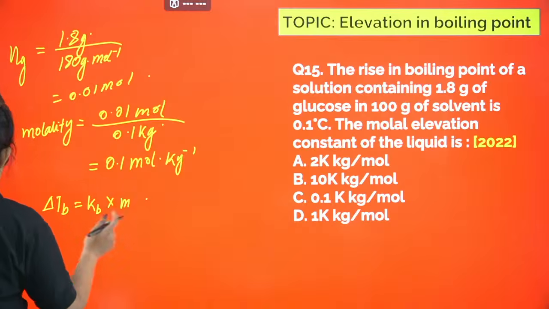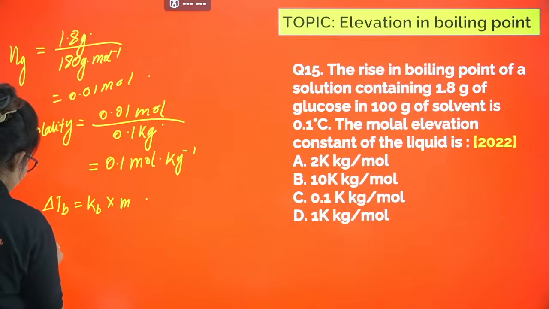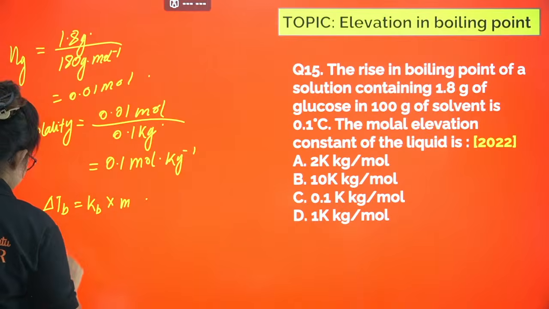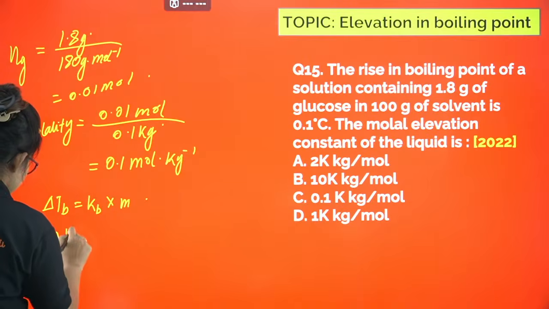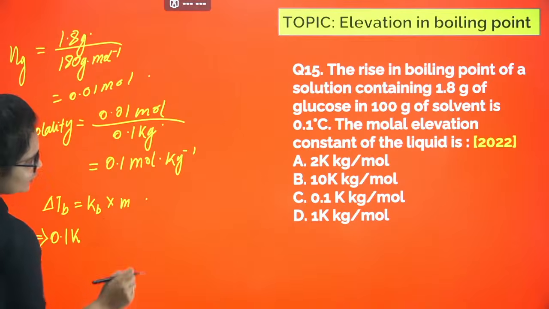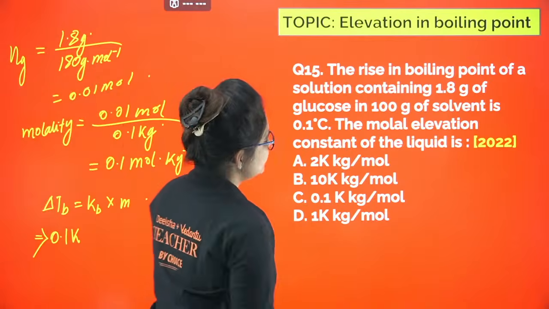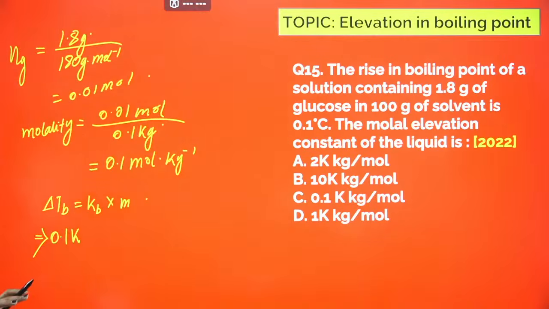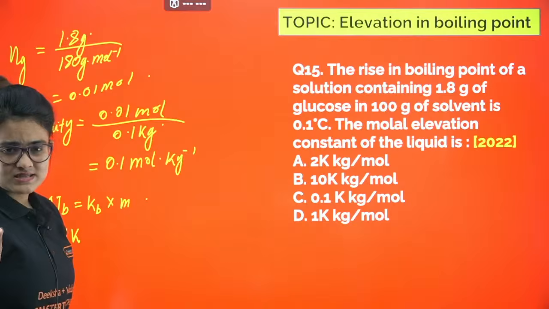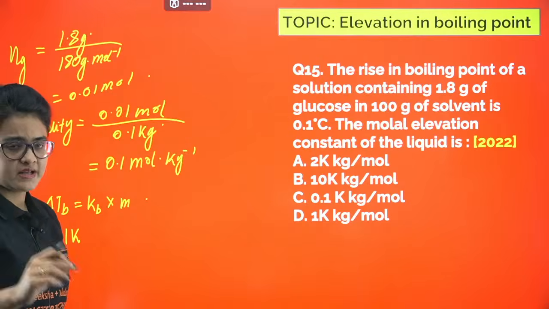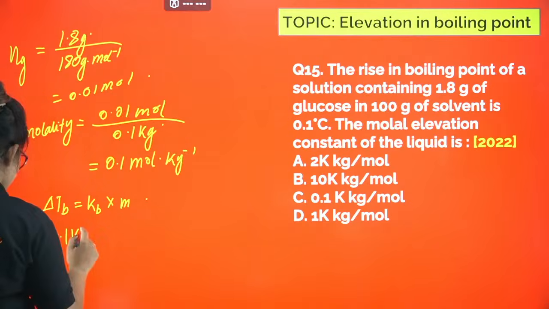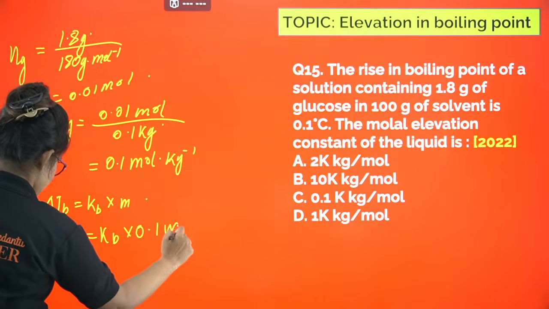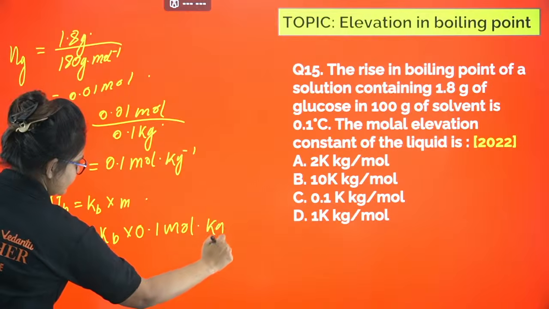So kb into m, let's put the value here. You have to find the kb, the ebullioscopic constant. Degree Celsius is given, and if you convert it to Kelvin, it will come as 0.1 Kelvin only, because the gap is the same for degree Celsius and Kelvin. So 0.1 Kelvin equals kb into 0.1 mole per kg.